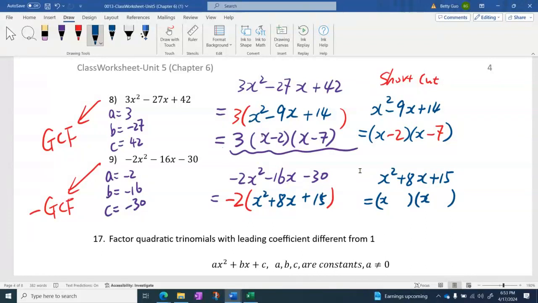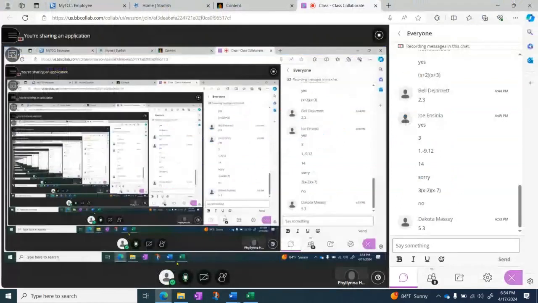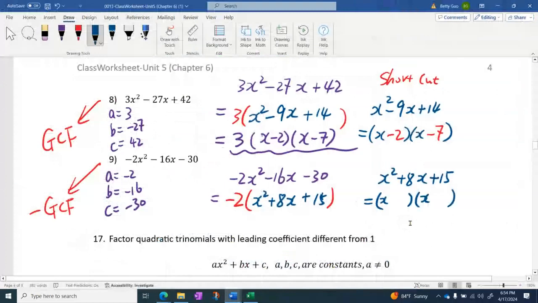We need to find the two integers that multiply to 15 and add up to 8. Exactly. Thank you, Dakota. 3 and 5. They add up to 8. They multiply to 15.